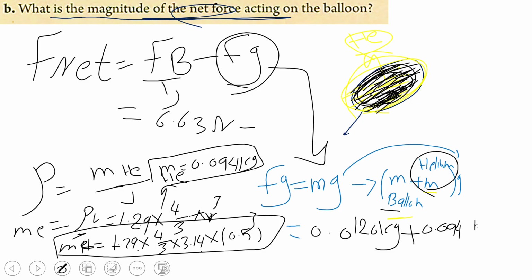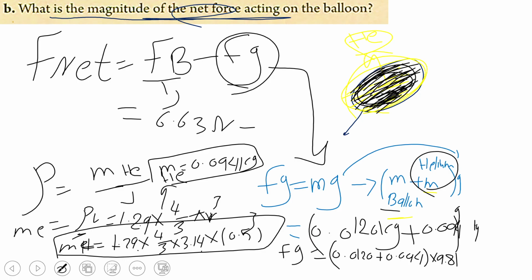So put this mass of the helium in here, 0.094 kilogram. Again, use the calculator. First, 0.0120 plus 0.094, and at the end multiply by g, 9.81, because of the acceleration.